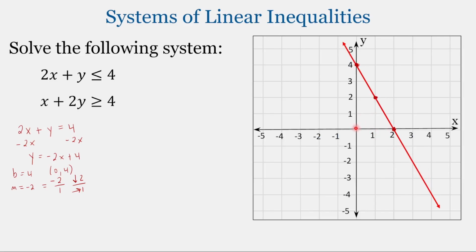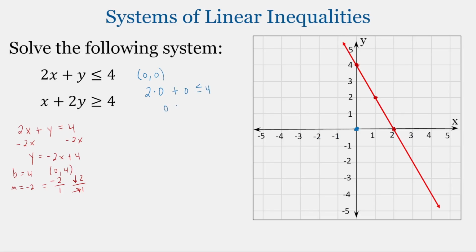Keeping our arithmetic simple, I will typically pick the origin if that's available. So let's test the origin, (0, 0). We're going to plug that into the first inequality. So we have 2 times 0 plus 0 less than or equal to 4.